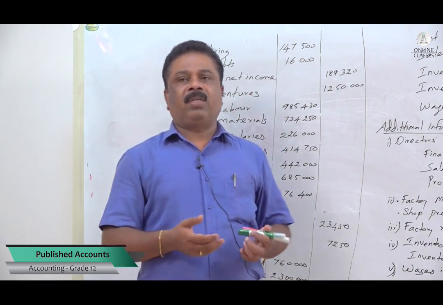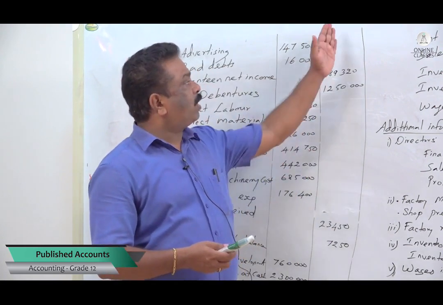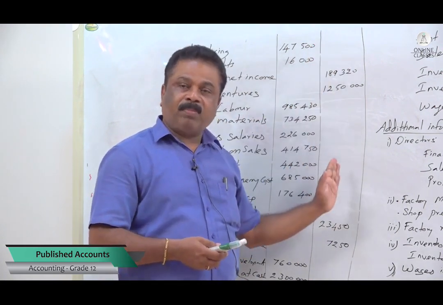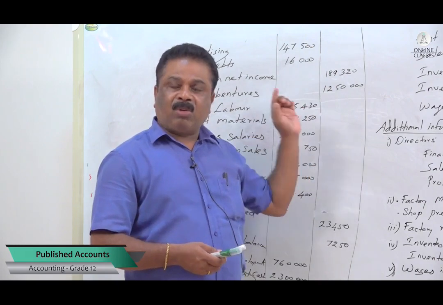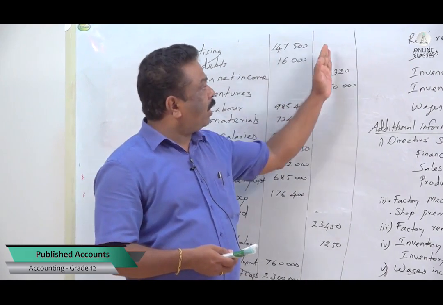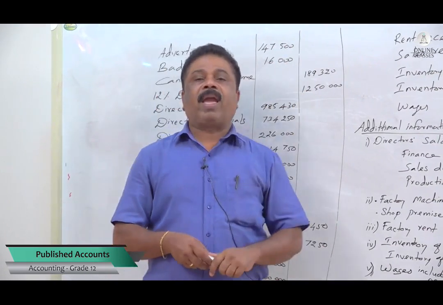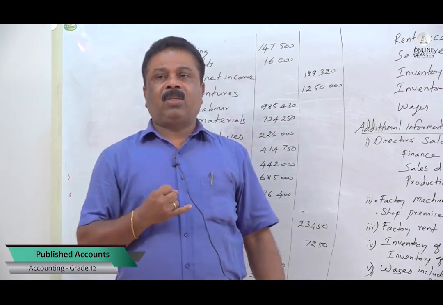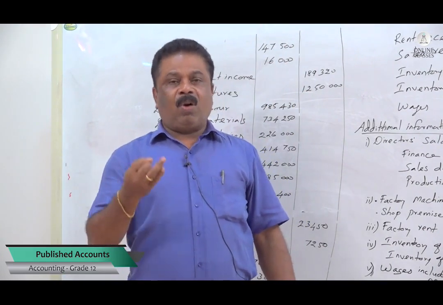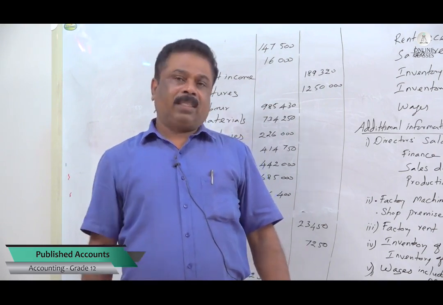It's very simple. You know that income will always show in the credit column. Income will be credited. So check the amount whether it is in the credit column or debit column. If the amounts are in the credit column, it can be either liabilities or equity or provision. If not, it is an income.